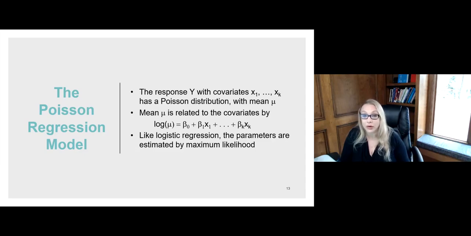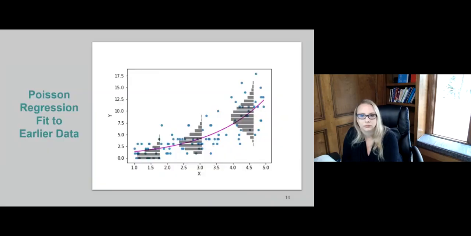The mean mu is related to the covariates by the log of the mean being equal to the inside of that formula that's seen here. So similar to logistic regression, the parameters are estimated by the maximum likelihood estimation process.